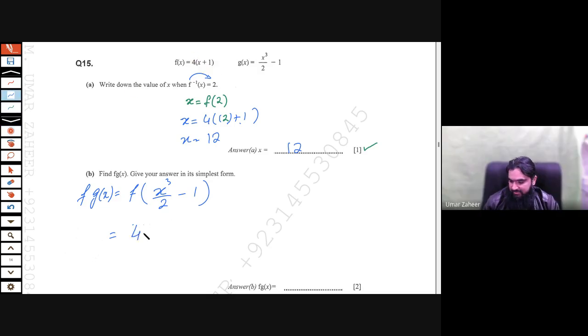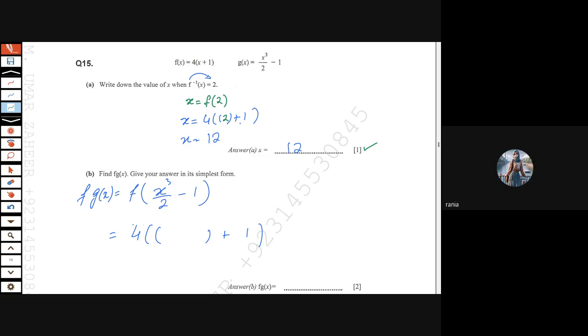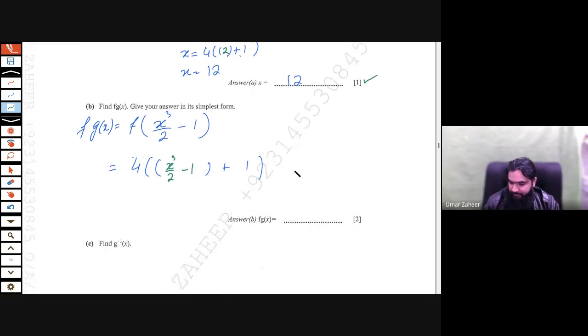So 4 as it is, empty space for x, plus 1. What I have to substitute at the place of x? x cubed divided by 2 minus 1.